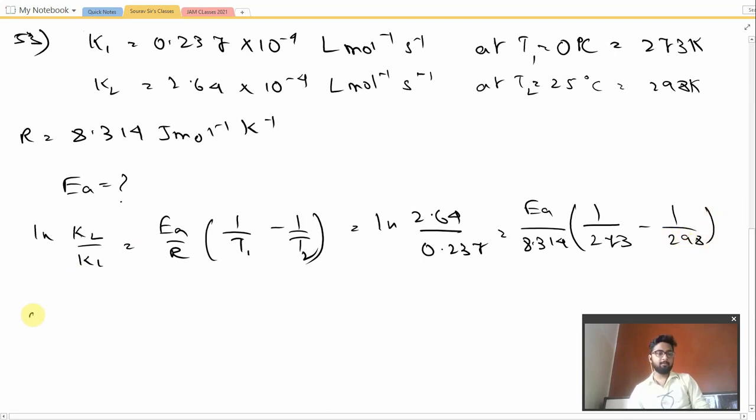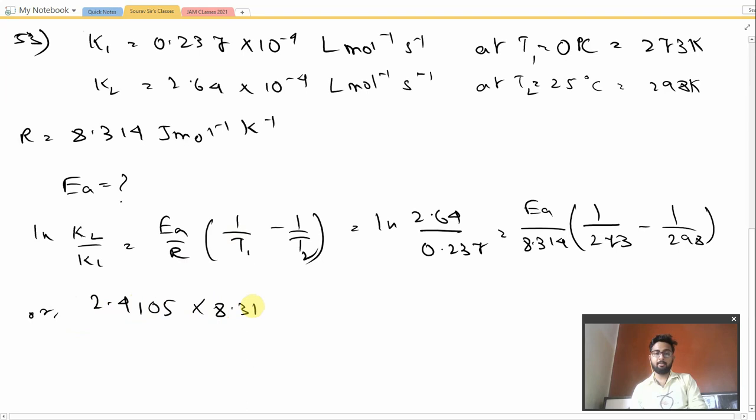Let us calculate the value. Firstly we will be calculating ln of 2.64 divided by 0.237. This value comes out to be 2.4105, which is equal to EA by R, so let us multiply this R also here.